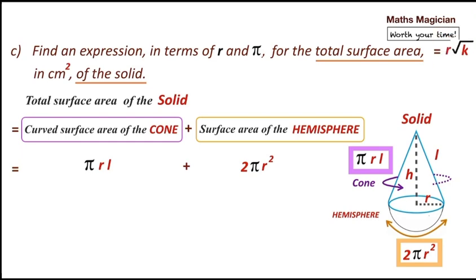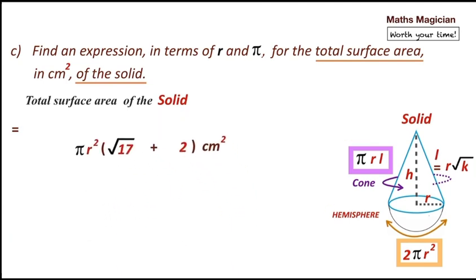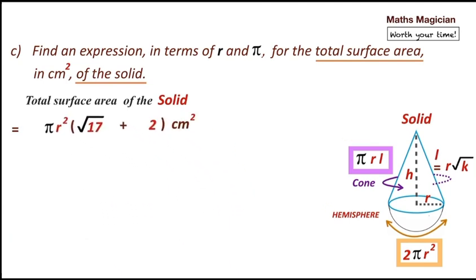L is equal to r square root k, which was given in part B. We know k is equal to 17 from part B. We got centimeters square. And hence we got the total surface area of the solid in terms of r and pi in centimeters square.